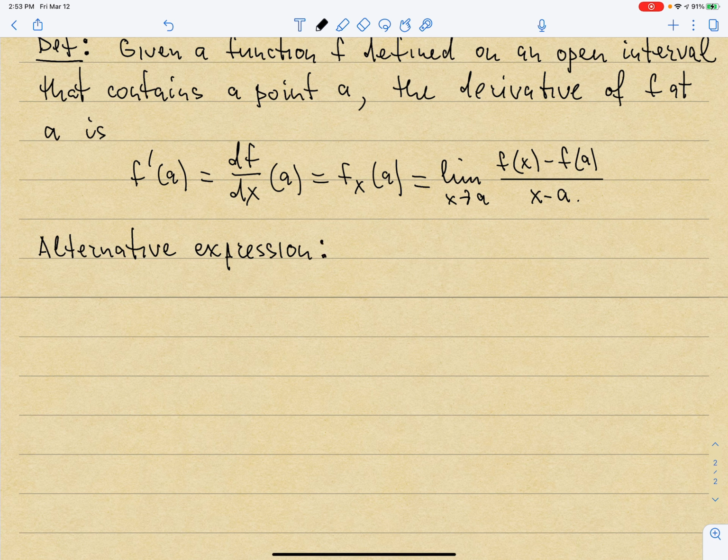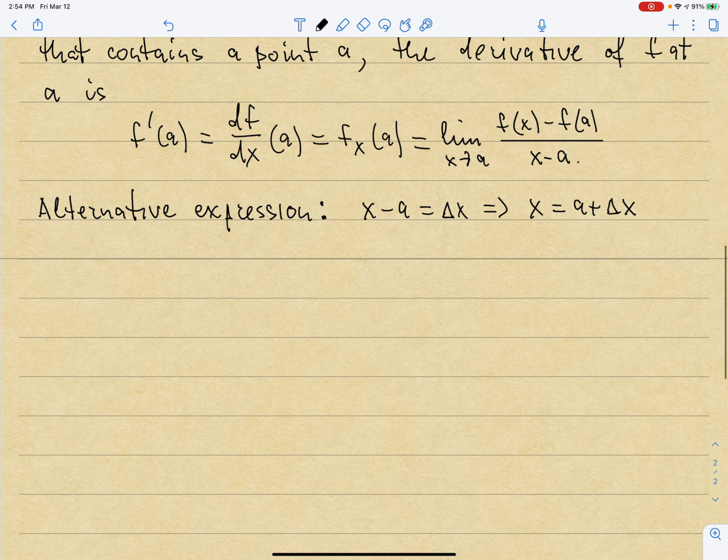If I make x minus a equal to delta x, then x will be a plus delta x, right? And if x goes to a, then delta x goes to 0, right? So then we can write the definition the following way: f prime of a is equal to the limit.